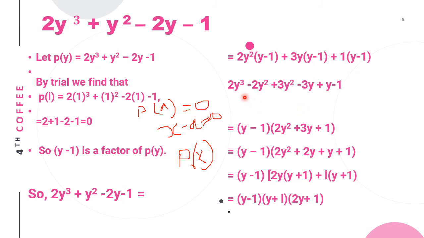Now, from here, you can see that y minus 1 is common. And what is remaining? 2y squared plus 3y plus 1, which are outside the bracket. You have to make a group of them and then you have to split the middle term, which is very simple for you. 3y is equal to 2y plus y, and then make the group of these two terms. What is common in these two terms? 2y is common. You get in bracket y plus 1.